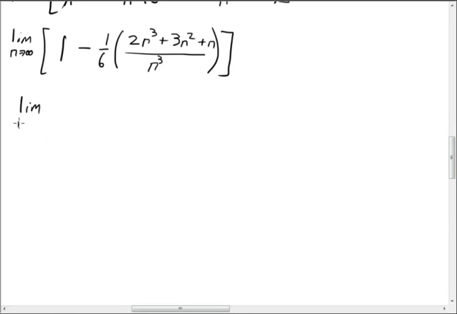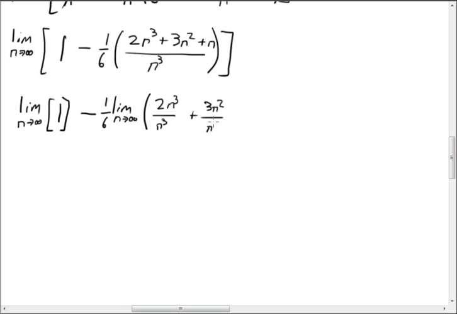Limit as n approaches infinity of 1, and of course this goes to 1, but I'm just going to write it out to be explicit, minus 1/6 of the limit as n approaches infinity of 2n cubed over n cubed plus 3n squared over n cubed plus n over n cubed.